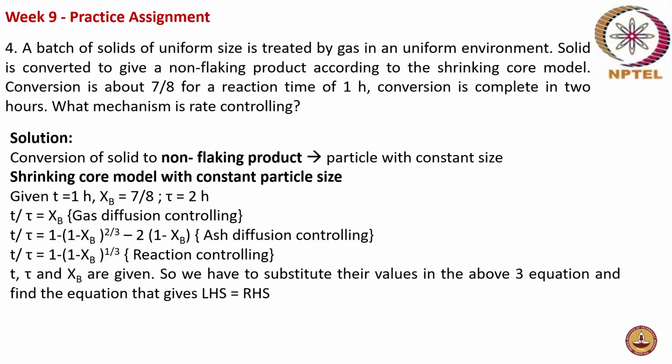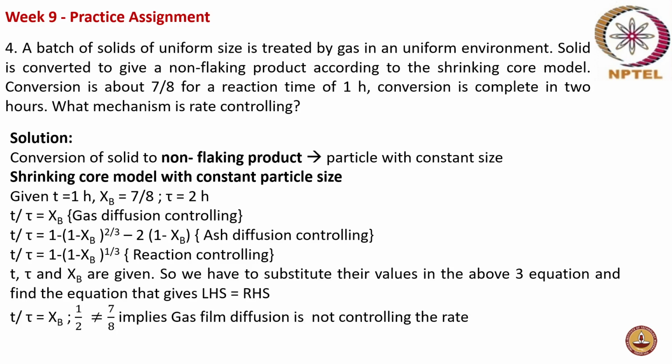And we have to find which of these left hand sides of the expressions are matching with the right hand sides of the expression. So whichever expression where the left hand side matches with the right hand side, that corresponding mechanism is going to be the reaction controlling mechanism.